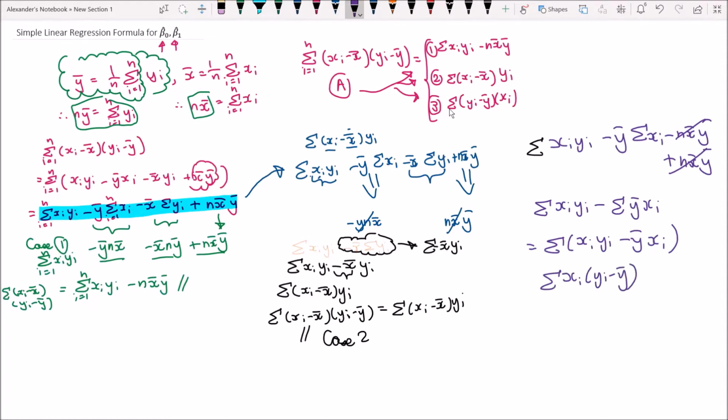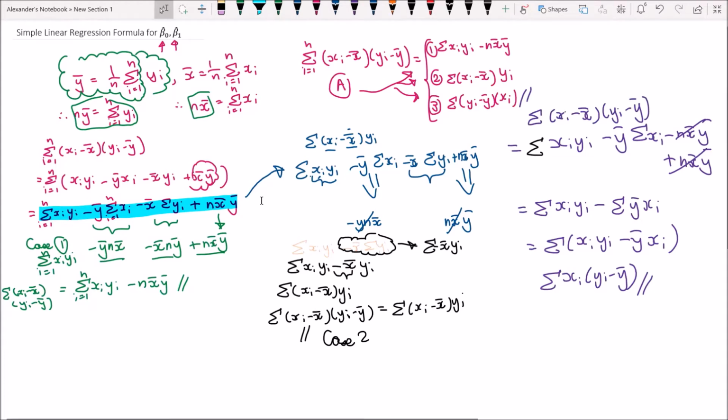And thus we have shown case 3. So the summation of xi minus x bar times yi minus y bar can be written in many different forms. Each form can be useful for a different situation that you might encounter.